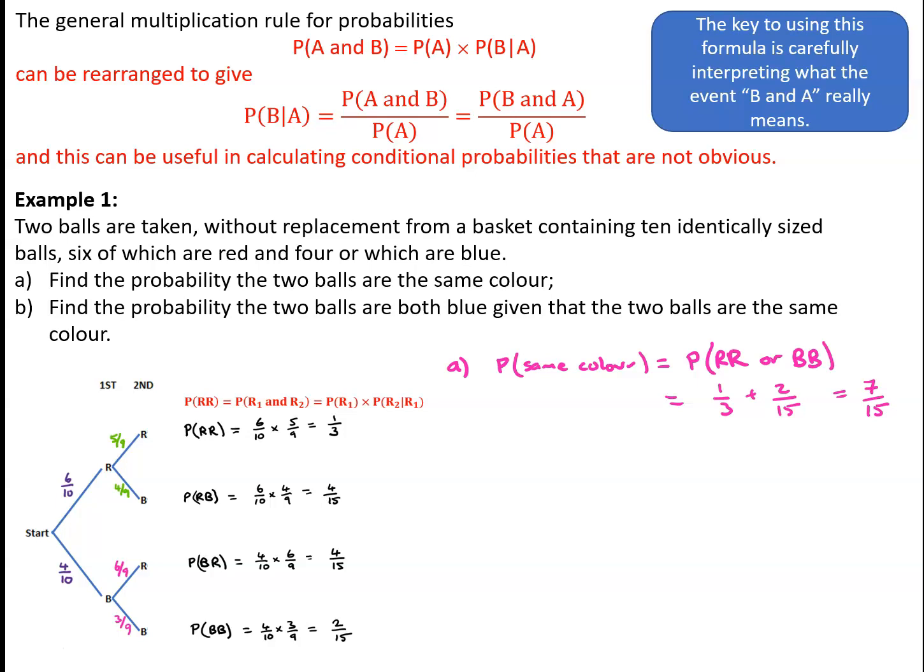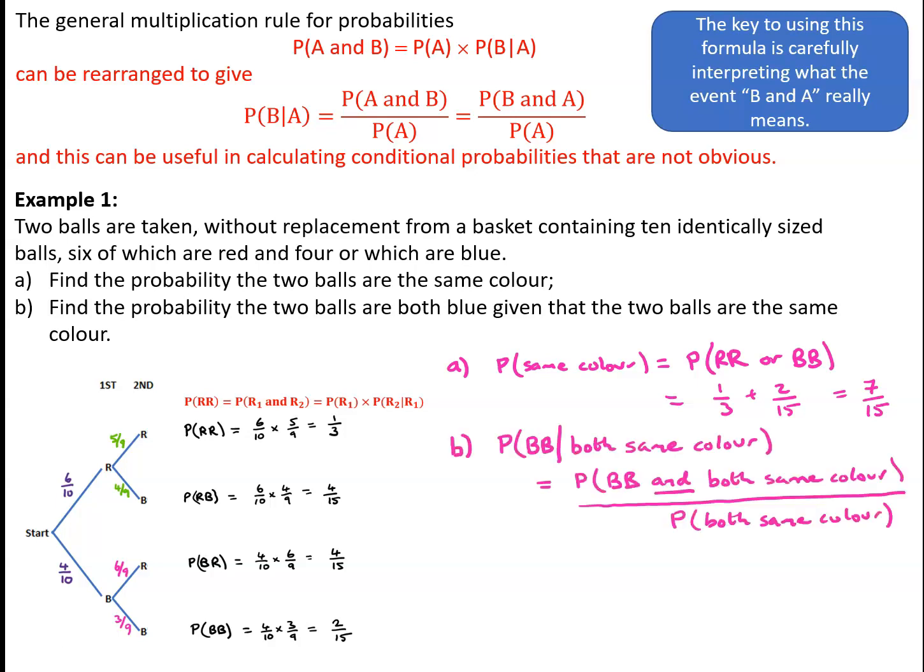Now for part B, we want the probability the 2 balls are both blue, given that the 2 balls are the same colour. Now this is by no means obvious, so we're going to use the conditional probability formula.